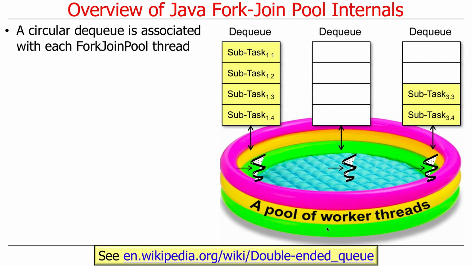So each of these threads, whether they're fixed or growing or shrinking, each of them is associated with something called a deque, which is a double-ended queue. And it's a circular data structure.